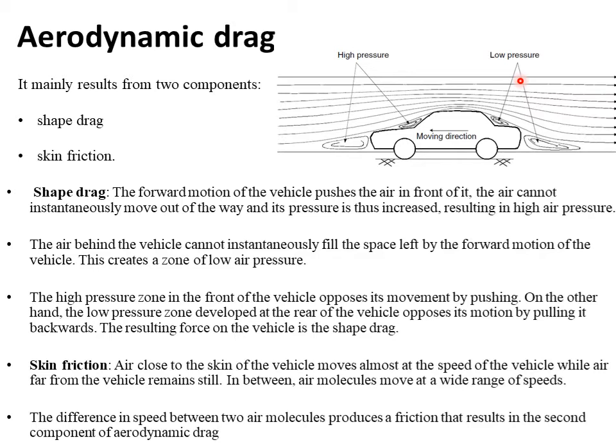This difference in speed between the layers of air molecules, the layer very close to the skin or surface of the vehicle and the molecules away from it, produces a friction that in turn opposes the motion of the vehicle. So that is called skin friction. And this aerodynamic drag is mainly due to shape drag and skin friction.